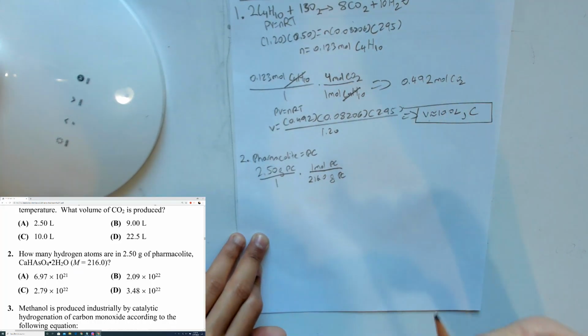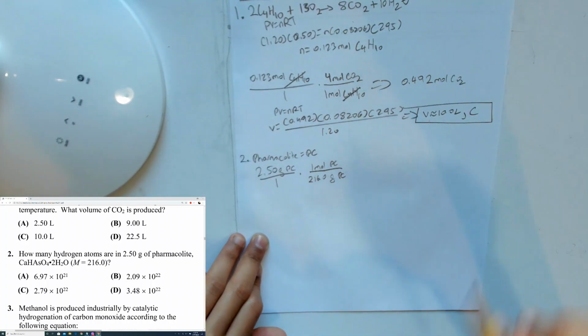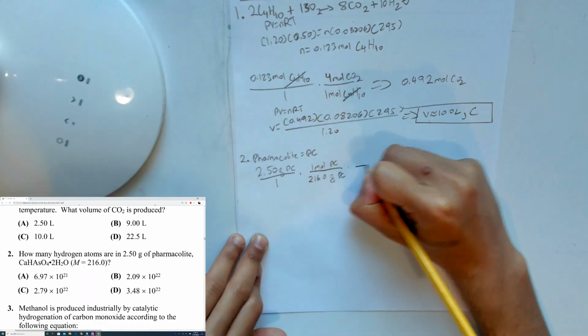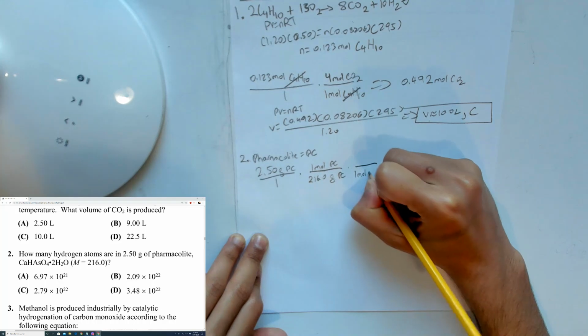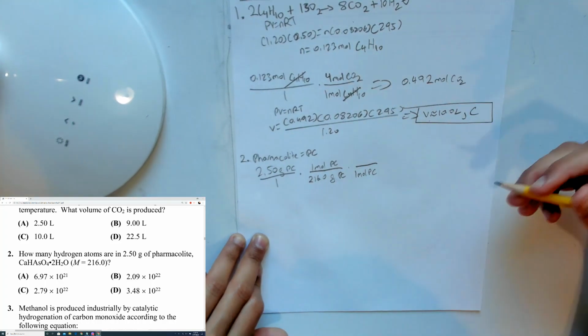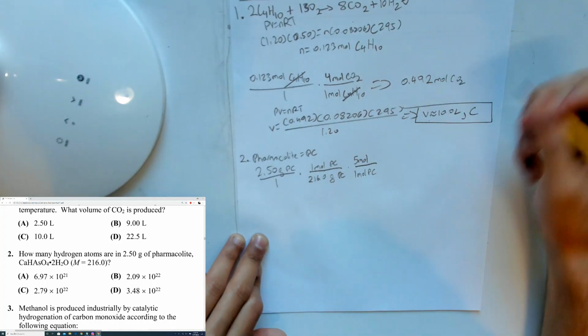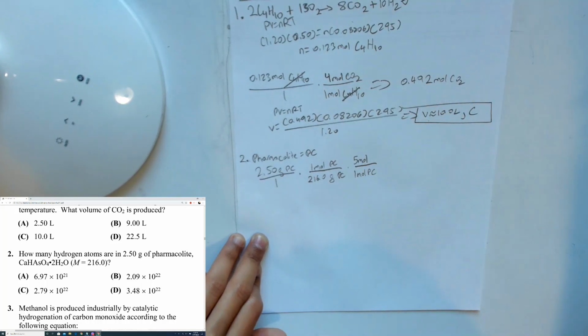Now, look at the formula unit of pharmacolite. For every 1 formula unit, there are 5 hydrogen atoms, so we're going to use that ratio. Because when we have 1 mole of PC, we'll have 5 moles of hydrogen atoms, since each formula unit contains 5 hydrogen atoms.